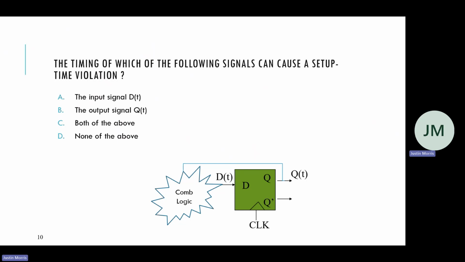So it's the input, D. The timing from here to here is what we are concerned with for our setup. Your mouse wasn't shown on our screen. I'm moving it. There we go. The timing from here to here is what we need to concern ourselves with for our timing constraints.